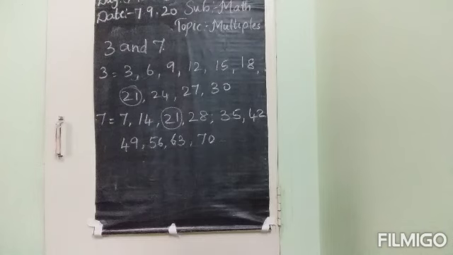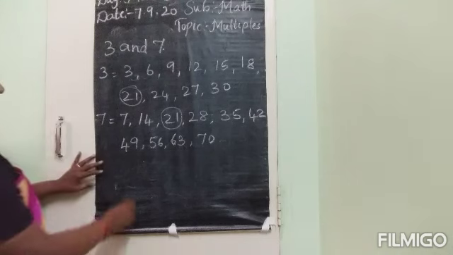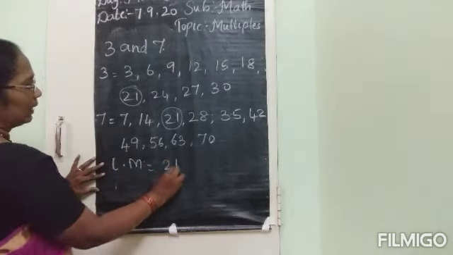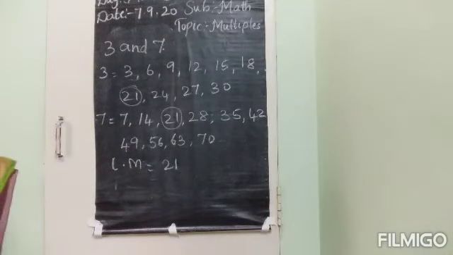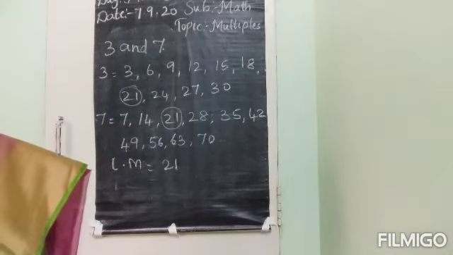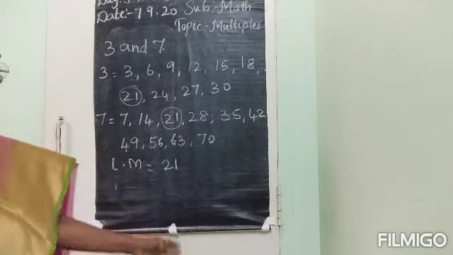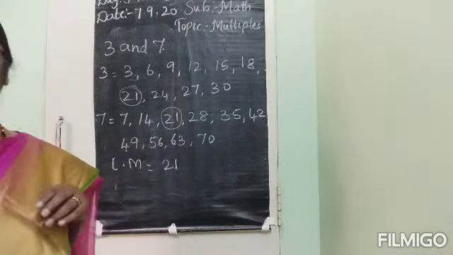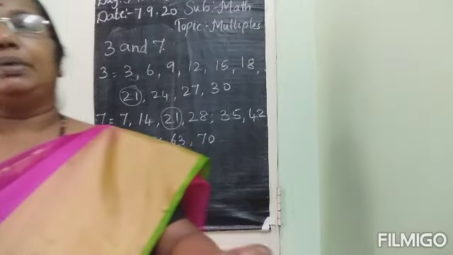No. So which is the common number here? Yes, the common multiple is 21. Yes, children. So I think you have understood common multiples.